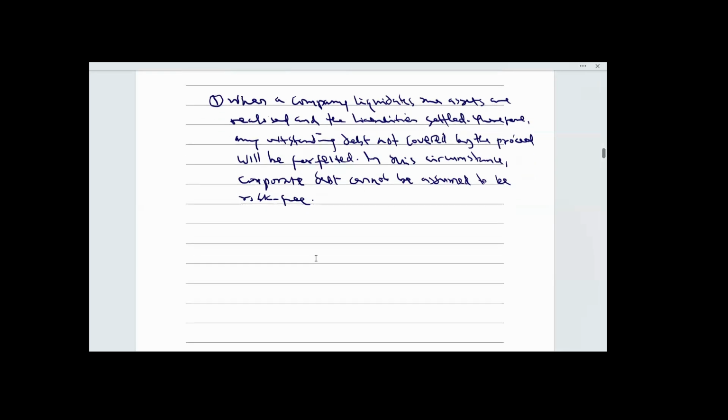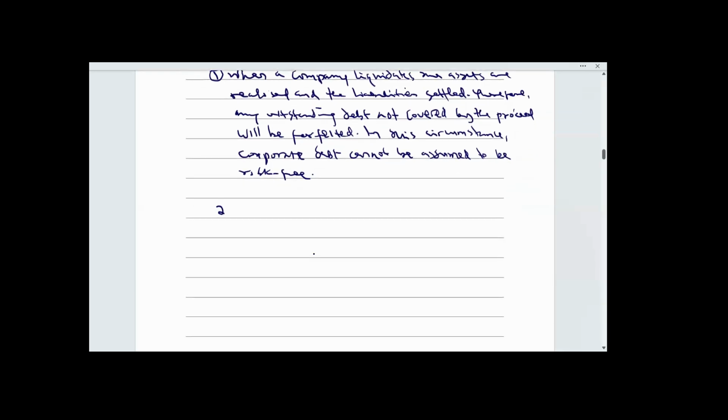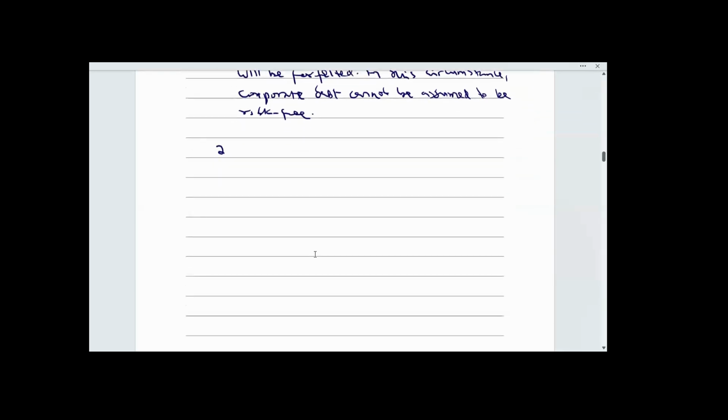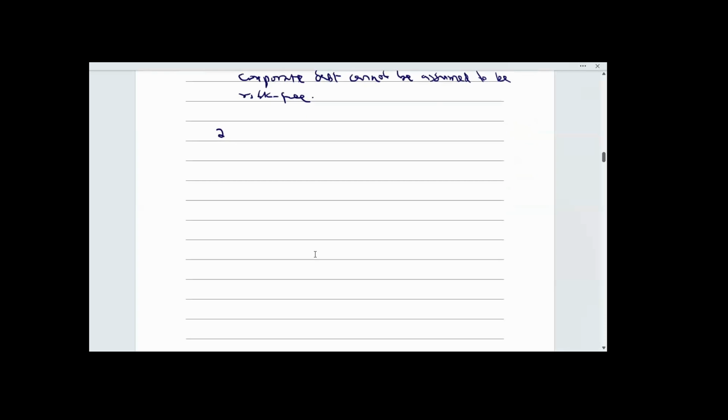Then the second part: when there is default risk, again, corporate debt cannot be assumed to be risk-free. Let me put it down. When there is a default risk.